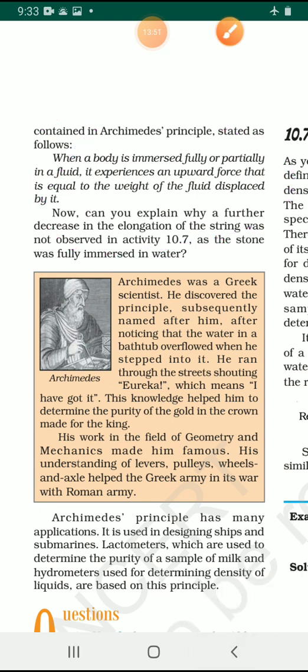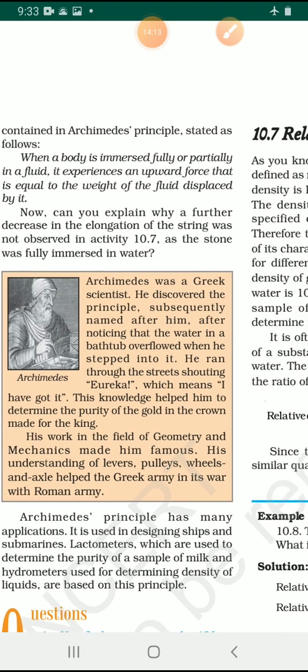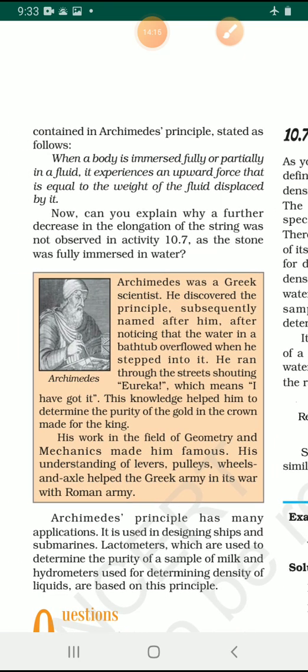So Archimedes principle says that when some object is immersed in a fluid or water, the upward force is equal to the weight of the fluid displaced by it, right? Now you can explain why a further decrease in the elongation of the string was not observed in activity 10.7 when immersed in the water, right?